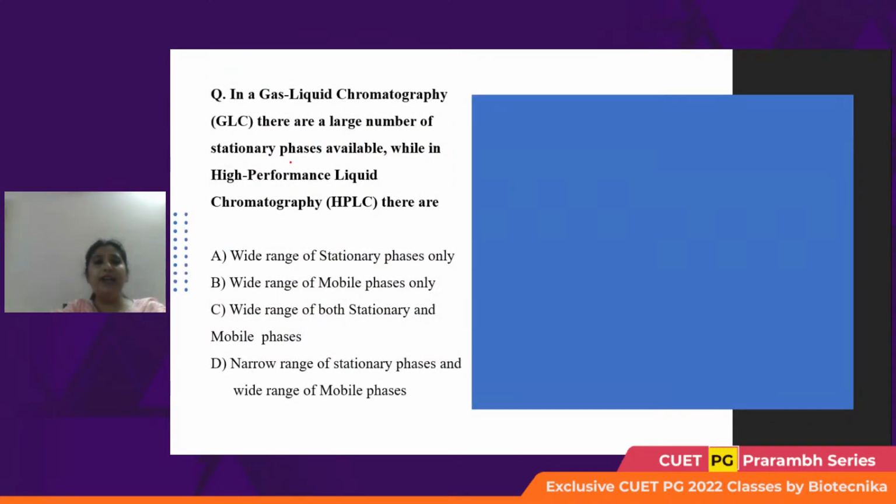Now, let me ask this question. We have had a lot of easy questions. Let's have a slightly more complicated one, which can be quite confusing. Here you can see the options are quite confusing. Just go through this question. The question is again about gas liquid chromatography: there are a large number of stationary phases available, while in HPLC, high performance liquid chromatography, is there a wide range of stationary phase and wide range of mobile phase, or a wide range of both, or a narrow range of stationary phase and wide range of mobile phase?